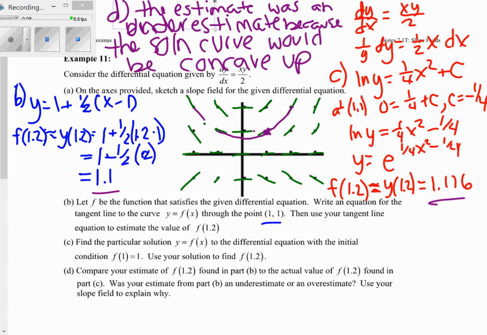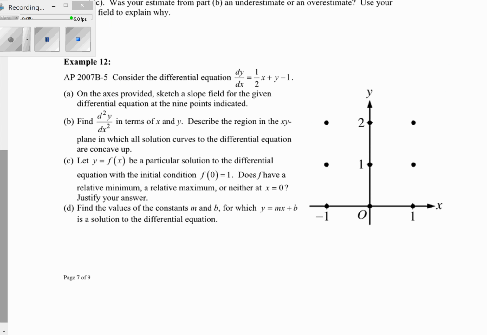All right, there we go. And so that would tell us, since it's concave up, our tangent line would lie under the curve, so it'd be an underestimate.